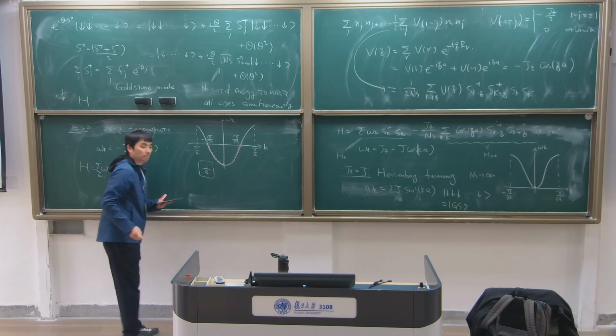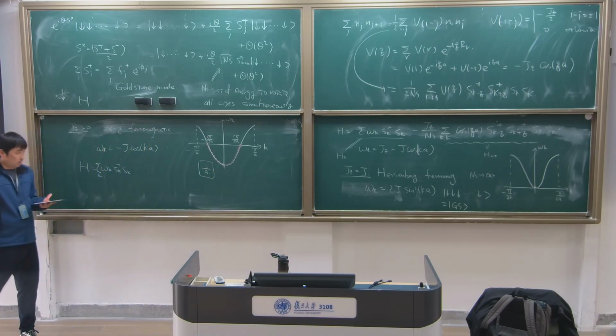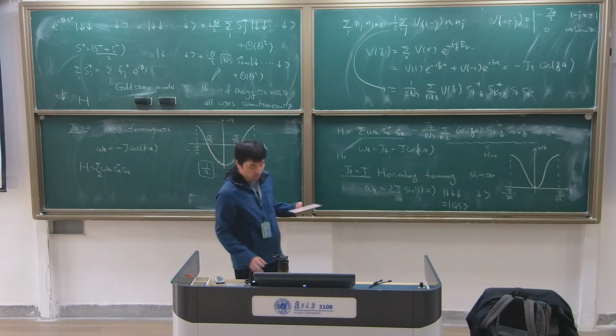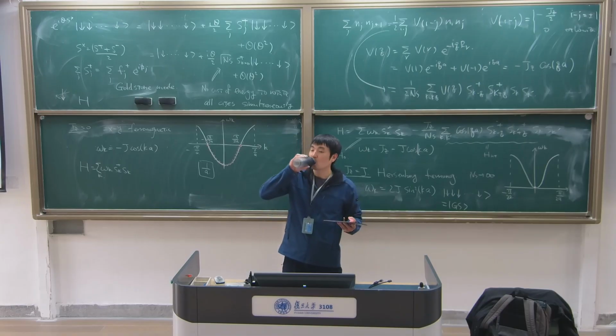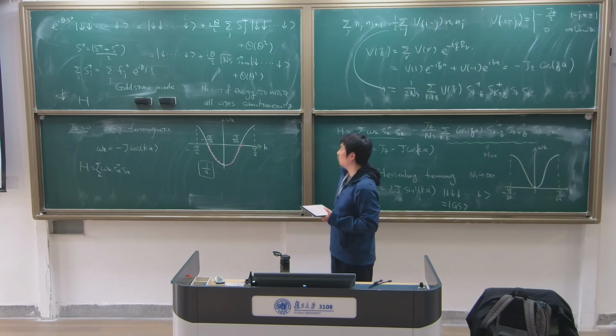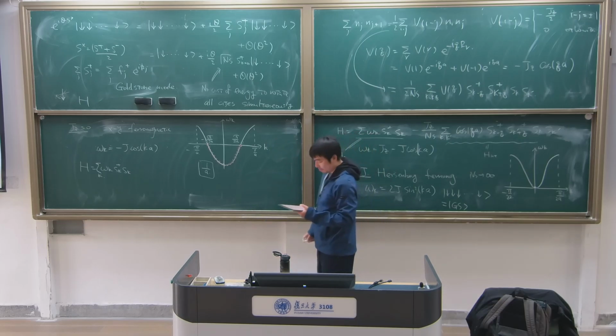So the length is really 1 over a, which is the momentum. So you can just see the system is gapless.